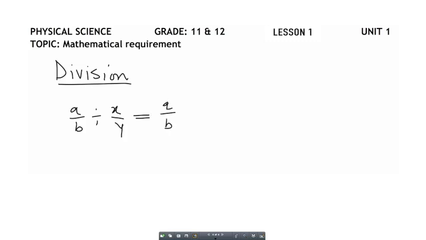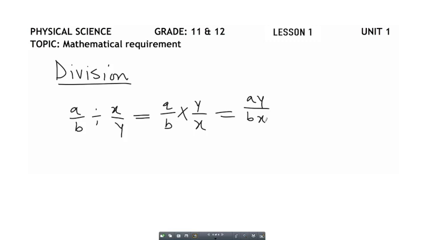If I have a over b, we take the reciprocal of x over y, so this will give us y over x, and then from there we apply the same application that we did for multiplication. So here we multiply a by y to give us ay, and then b multiplied by x to have bx.